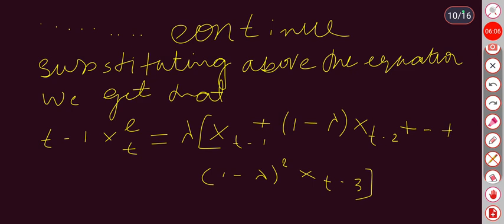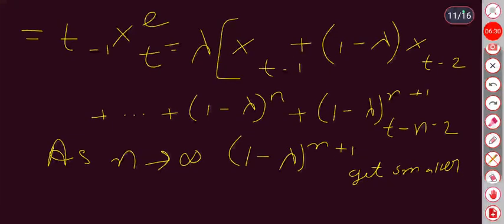minus 1, that is equal to lambda square bracket x t minus 1, that means actual value of t minus 1th period, plus 1 minus lambda x t minus 2, that means actual value of t minus 2th period information, plus 1 minus lambda square x t minus 3, that means actual value of t minus 3th period information.